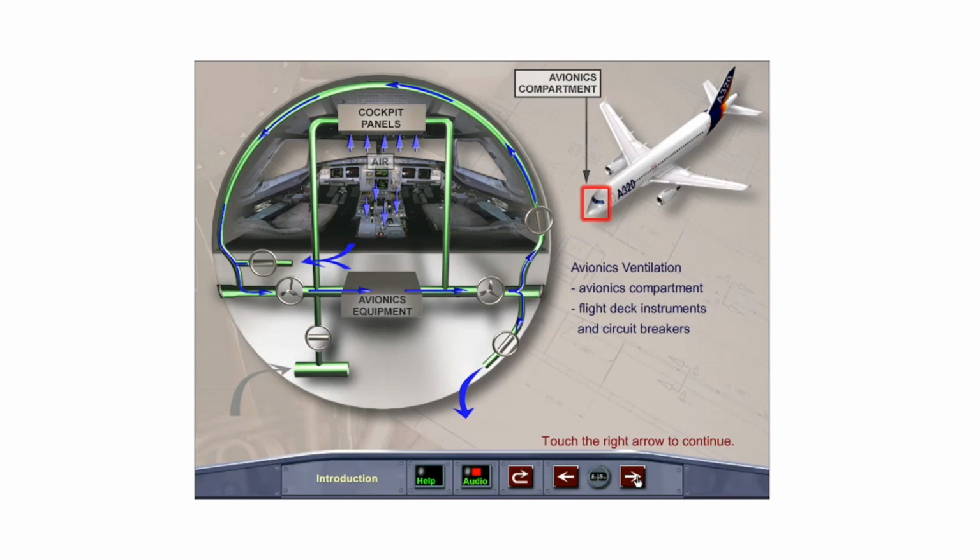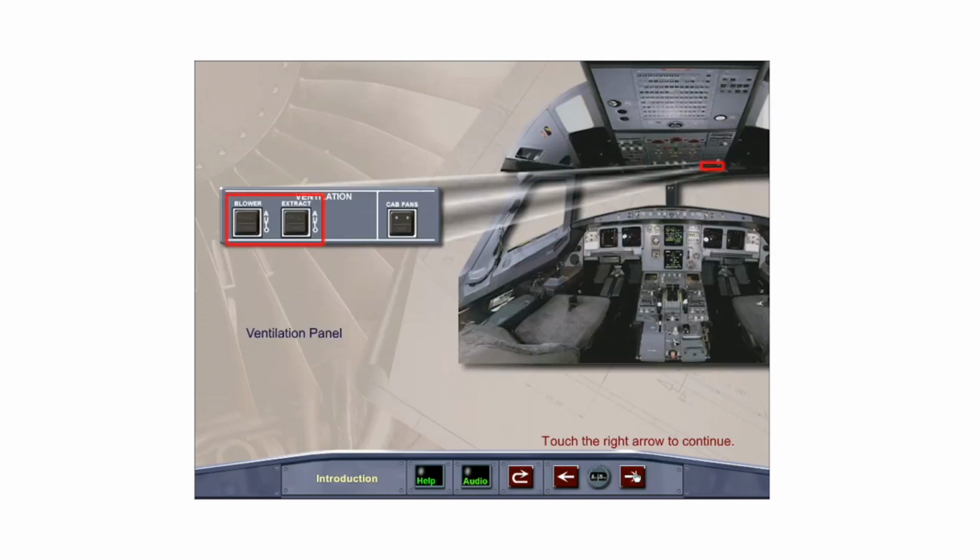Cooling air is circulated by the blower and extract fans, which are automatically controlled by the Avionics Equipment Ventilation Computer, or AEVC. The blower and extract push-button switches located on the overhead ventilation panel control avionics ventilation.